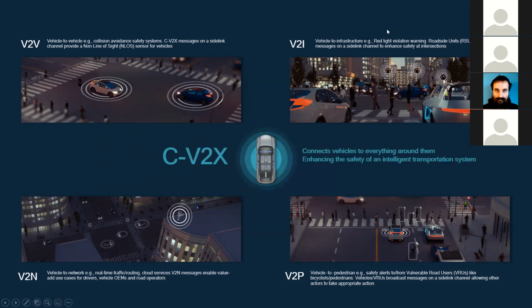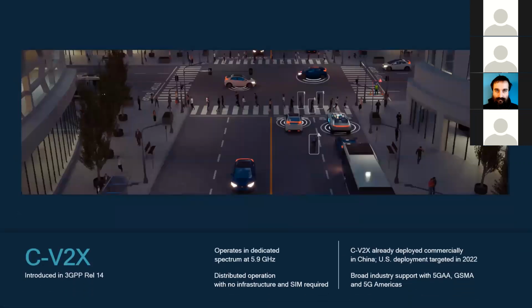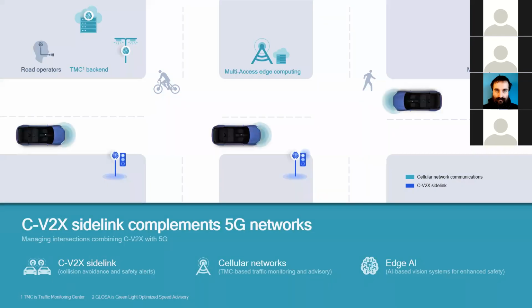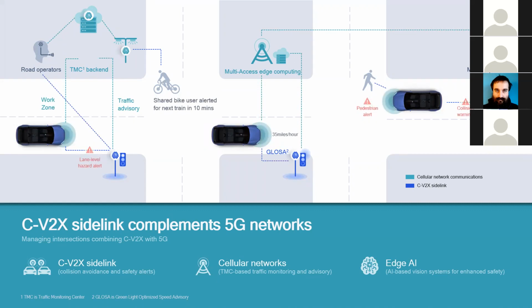Maybe we can skip this slide for a moment because I would like to come to this. With that vision in mind, this is how we see the architecture of V2X communication. You have sidelink communication here in the dark blue line that connects the RSU and the vehicle, and the RSU and the pedestrian, the person riding a bike, which is called a VRU, vulnerable road user.